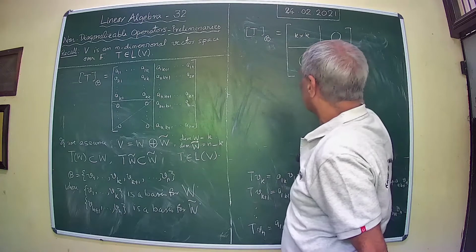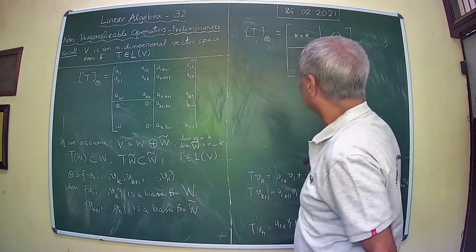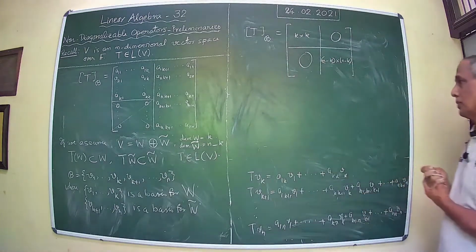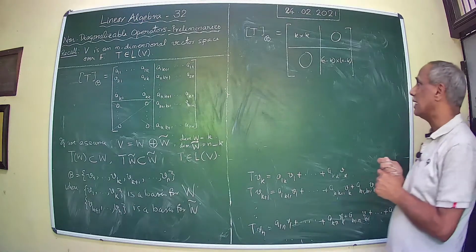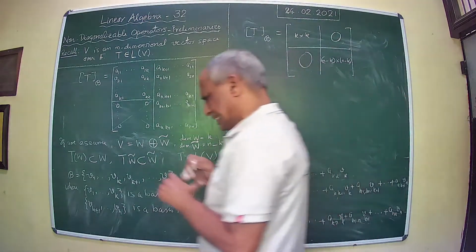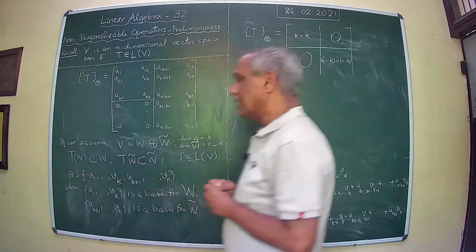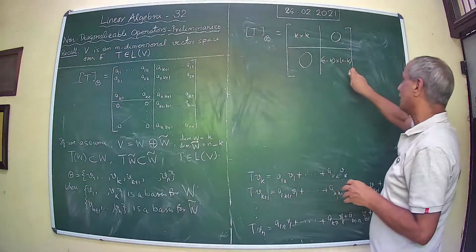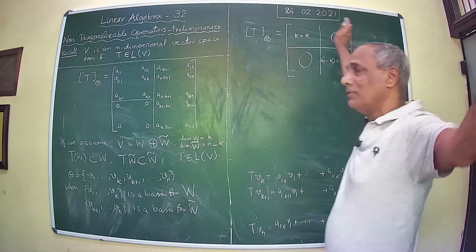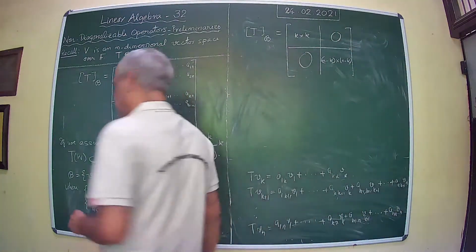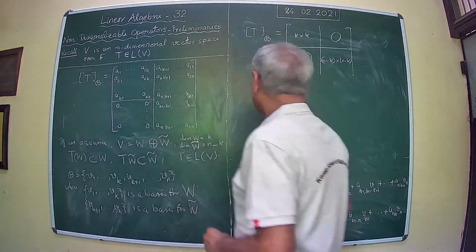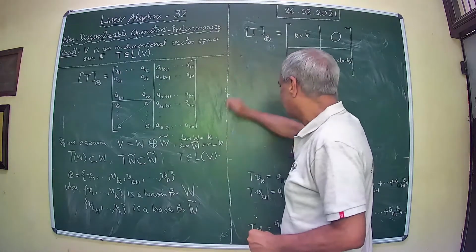That means more and more zeros will start coming in the representation. And in fact, in the diagonal form, it exactly breaks down into 1 by 1 matrices. There will be non-zero entries only along the diagonal, elsewhere everything will be 0. So that's the beauty of this whole thing.